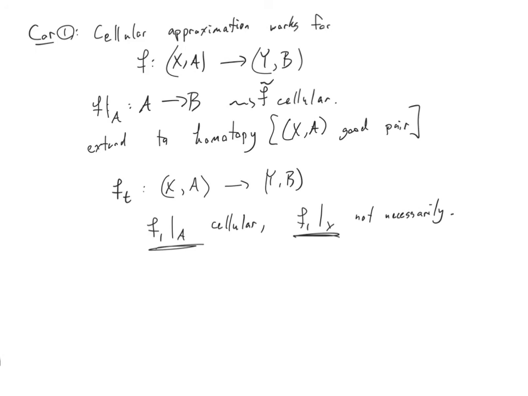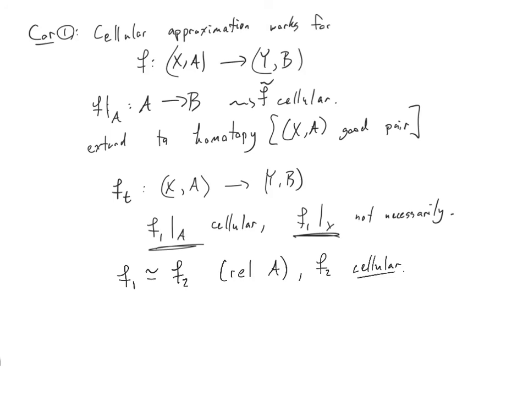So now we can do another homotopy. F1 gets homotoped to, let's just call it F2, where F2 is, I should say, rel A, where F2 is cellular.